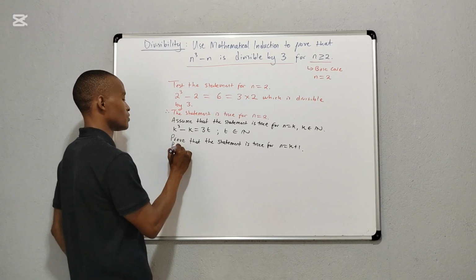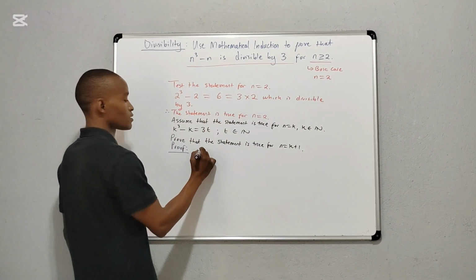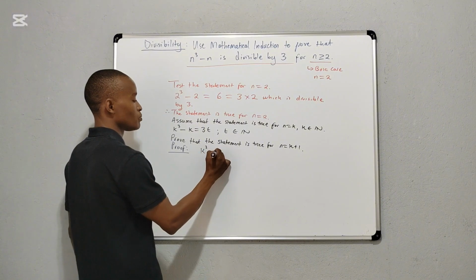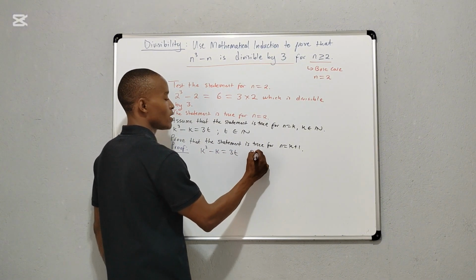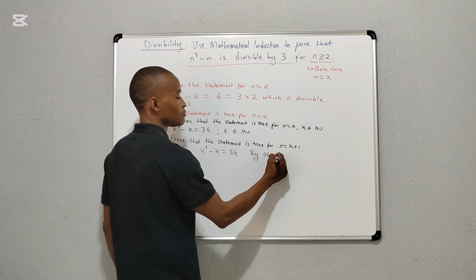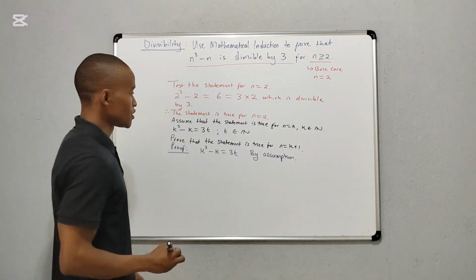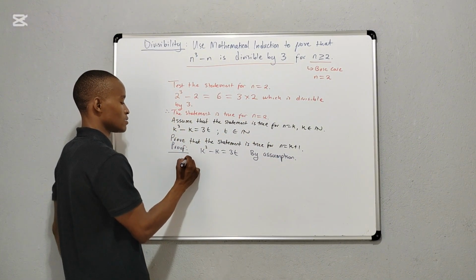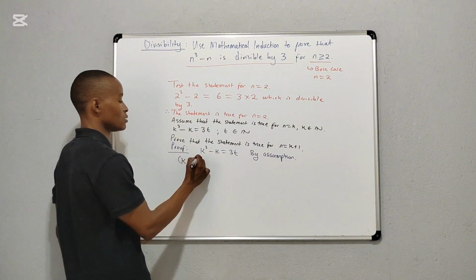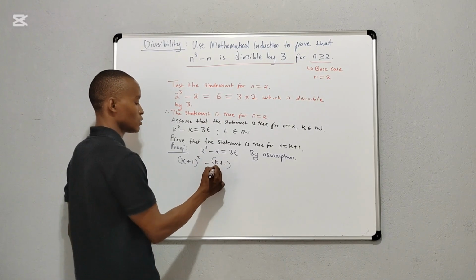The proof. I'm going to apply the inductive hypothesis there. k cubed minus k is equal to 3t. This is by assumption. Alright. So if we sub in k plus 1 there, it's (k plus 1) cubed minus (k plus 1).